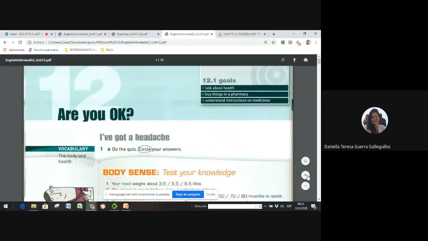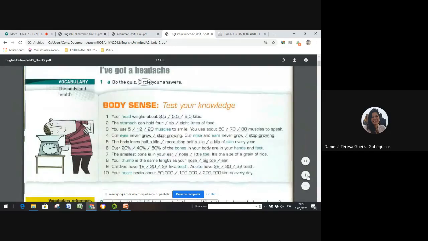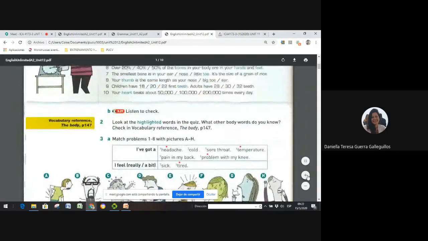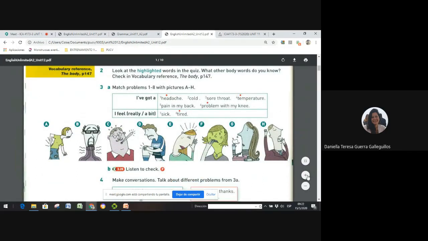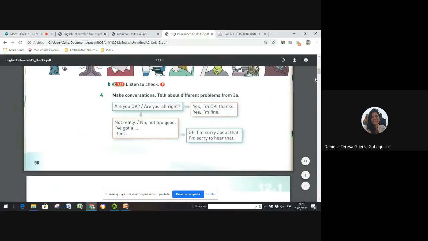In Unit 12, we are going to be talking about health. Very coronavirus is this. So we are going to start with the listening, how to describe some pains and some sufferings that you may have, and to give recommendations using should.